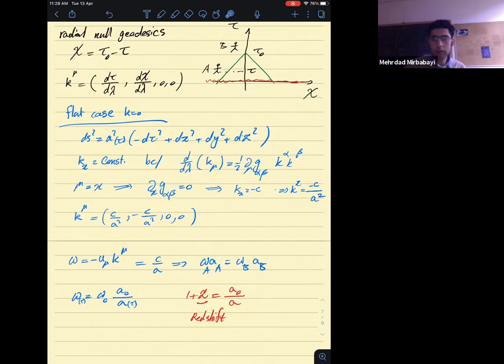So this is something that we directly measure, and therefore it is very common in cosmology to talk about time in terms of redshift. So use z as a time value. We don't say what is the time tau of Alice, we say what is the redshift of Alice, because that's the thing that we directly measure.